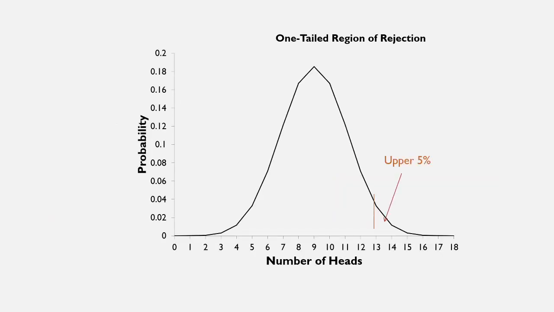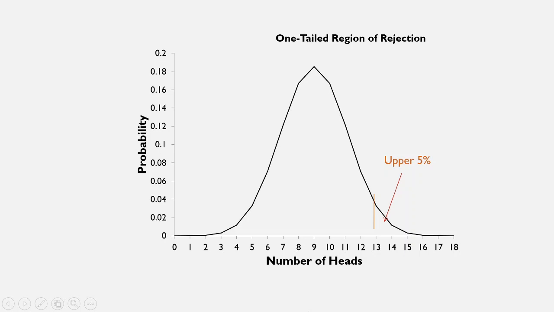Okay, so to depict this in a way that hopefully makes it a little bit less abstract, if you're dealing with a one-tailed test, you create for yourself a one-tailed region of rejection, meaning that in order to get a significant result, you need to make it into that upper 5% of the tail.